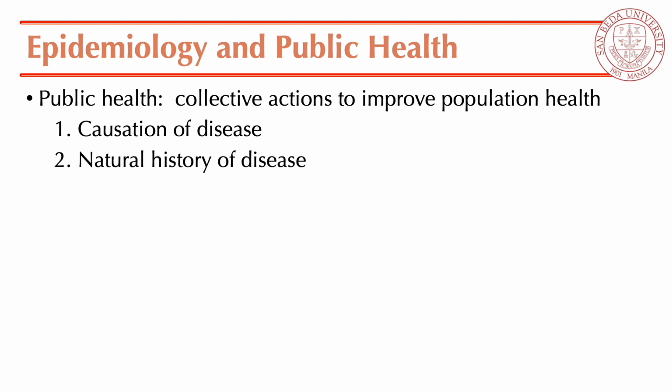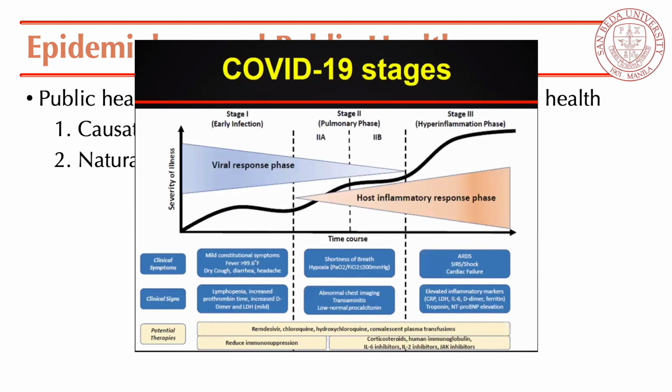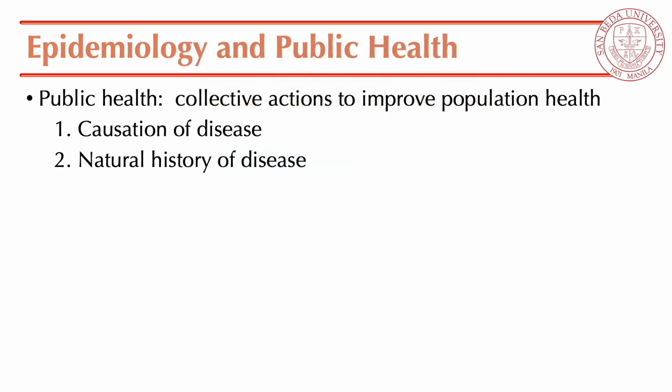Now, epidemiology finds use as well in terms of describing the natural history of disease. A very good example is with the novel coronavirus. By taking care of COVID-19 patients, physicians were able to describe the different stages of COVID-19. Epidemiology is likewise often used to describe the health status of a population.